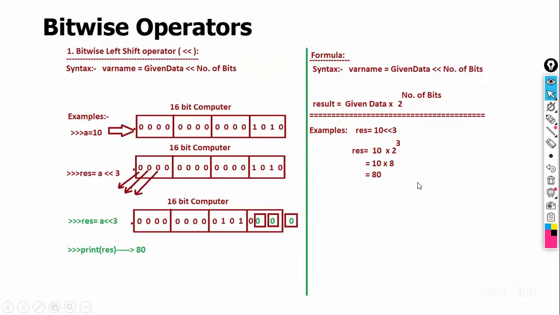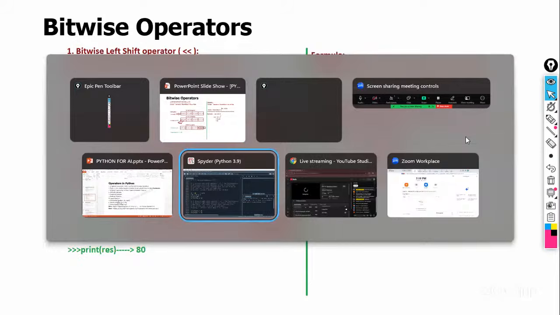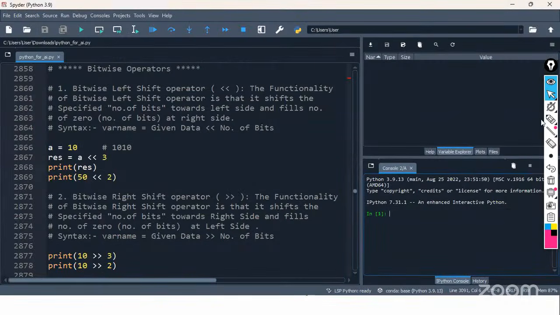You see here, bitwise operator, in which the first one is bitwise left shift operator. Probably here we have the explanation. What does bitwise left shift operator do?